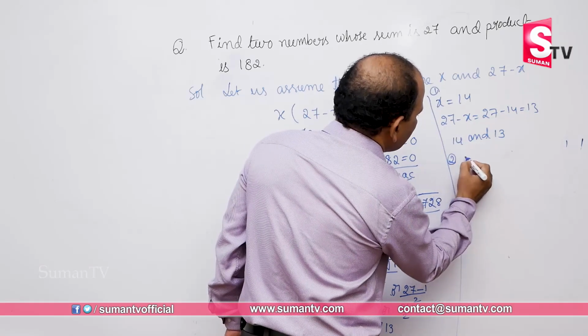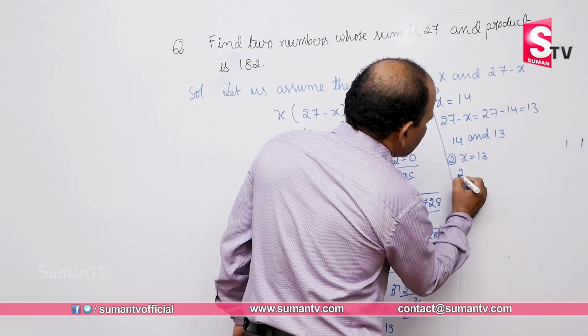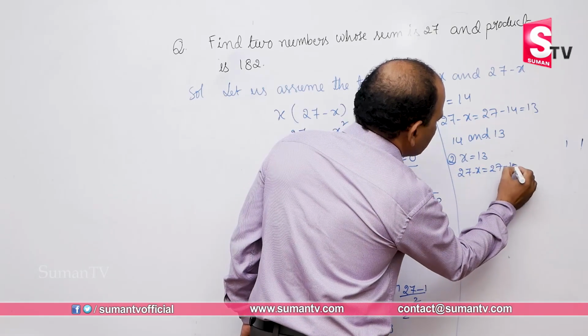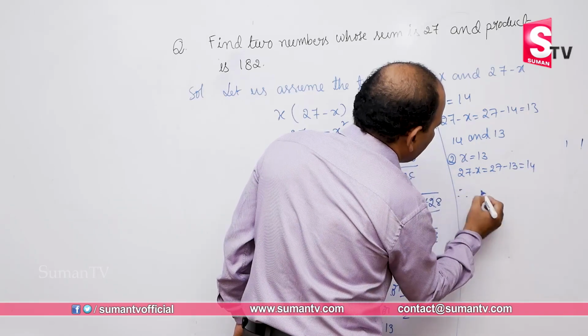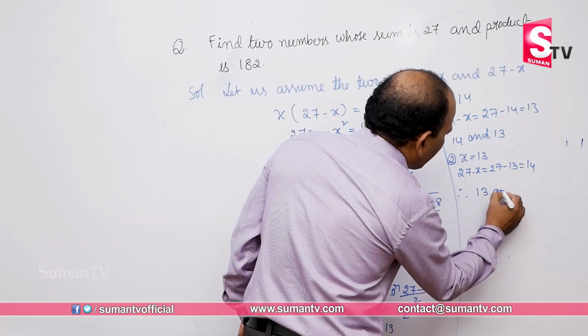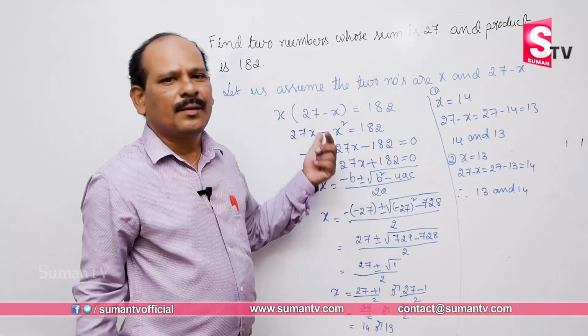In the second case, if I take x is equal to 13, then the second number, 27 minus x, is 27 minus 13, which is 14. Therefore, the two numbers are again 13 and 14. Like this, we can solve the problem.